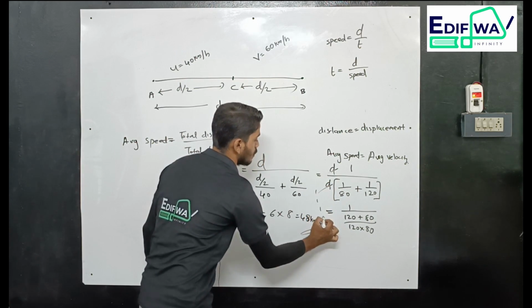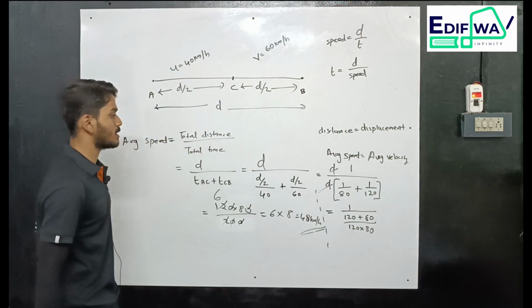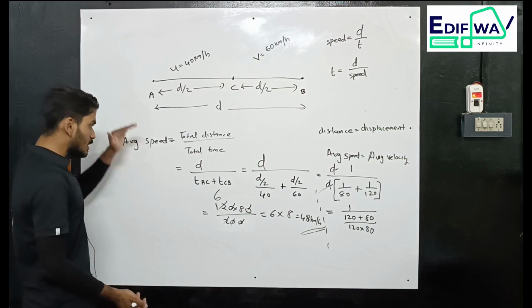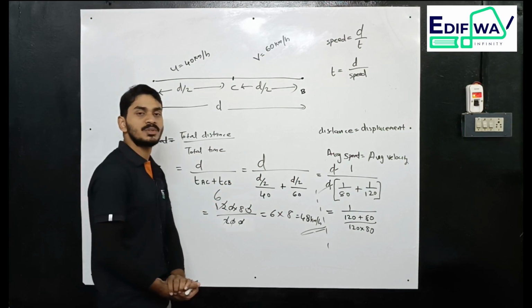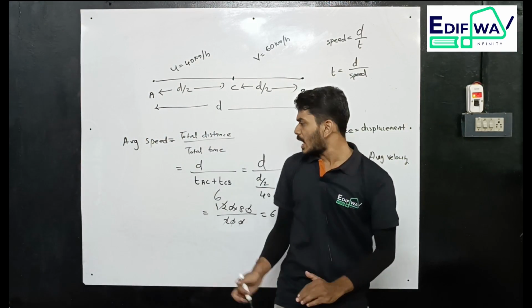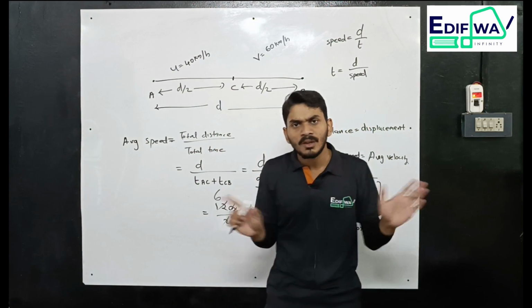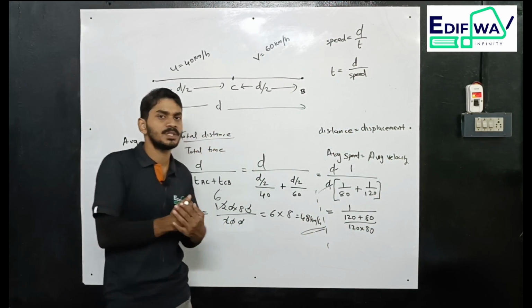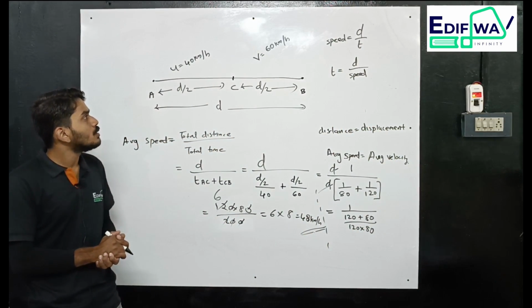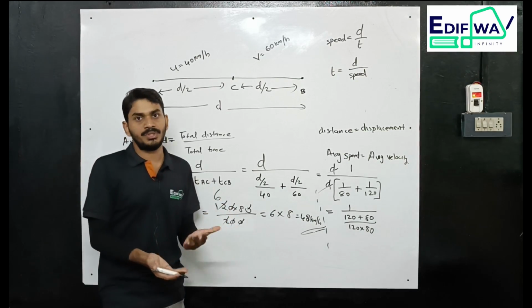Okay, so this is the required answer. In this way also you can answer this question. So the average speed and average velocity both are 48 km per hour. Clear?